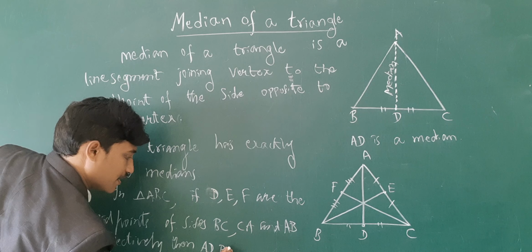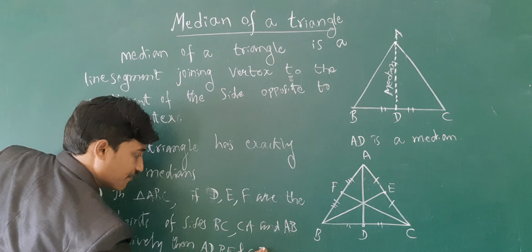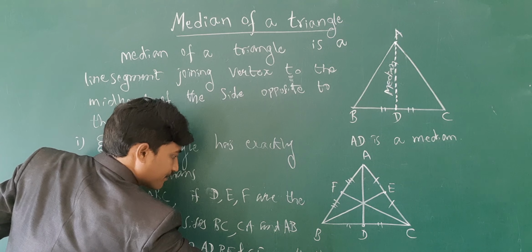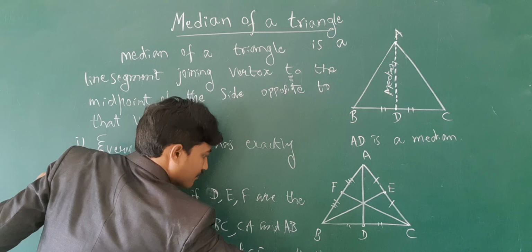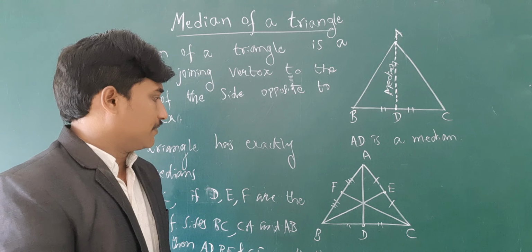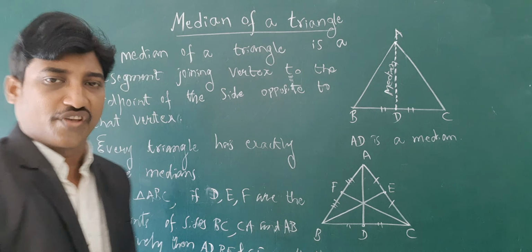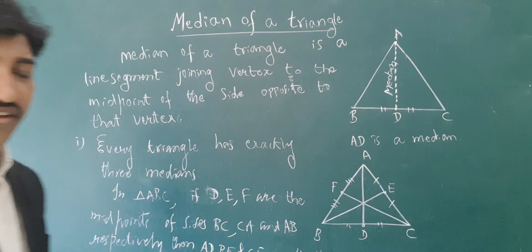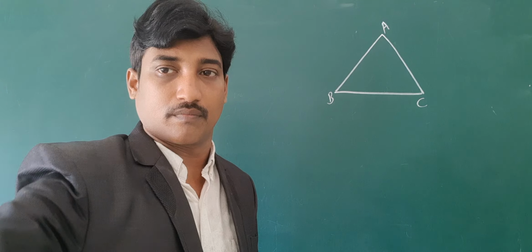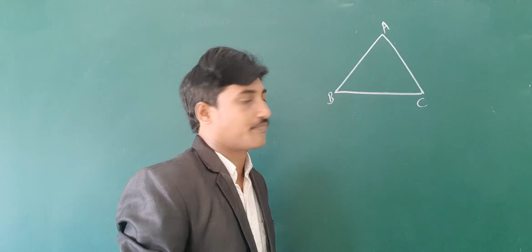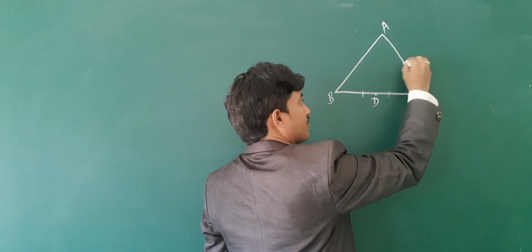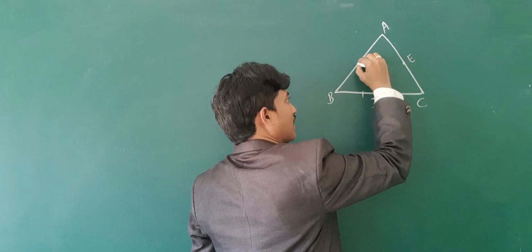So we can say every triangle has 3 medians.